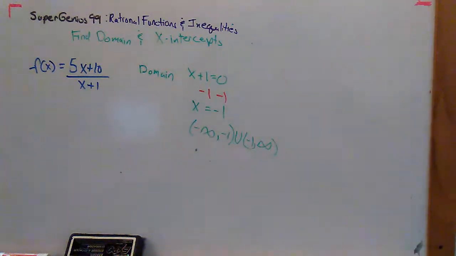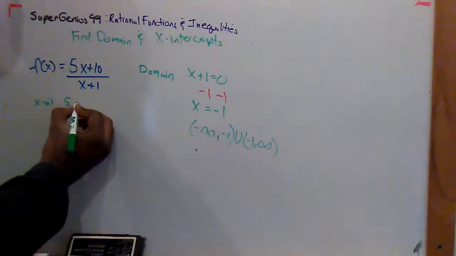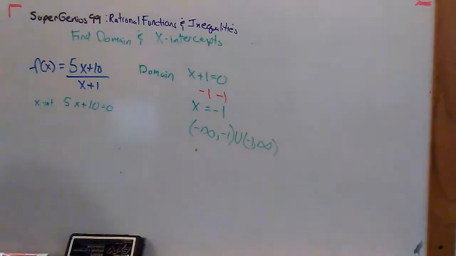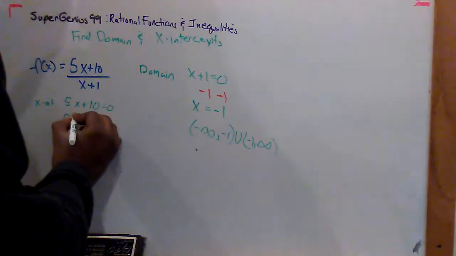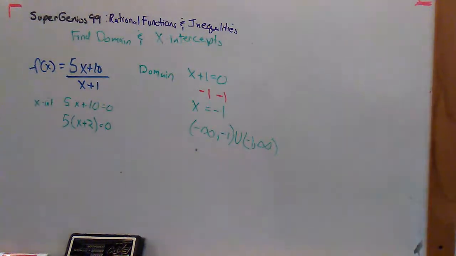Now, what's our x-intercept? We just take the top and set that equal to 0. First thing you're going to do is notice 5 and 10 have a common factor, so factor it out. And then next, divide by that common factor to get rid of it.